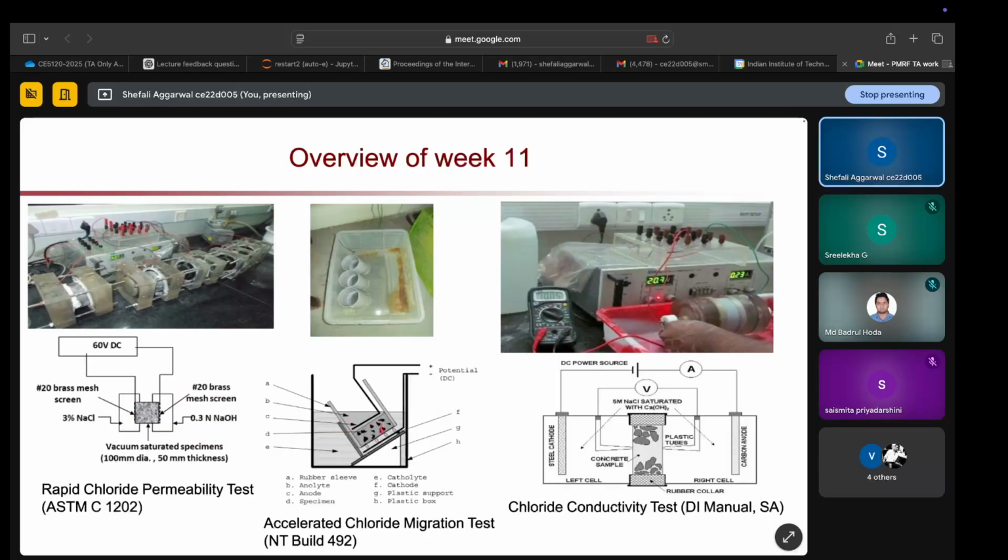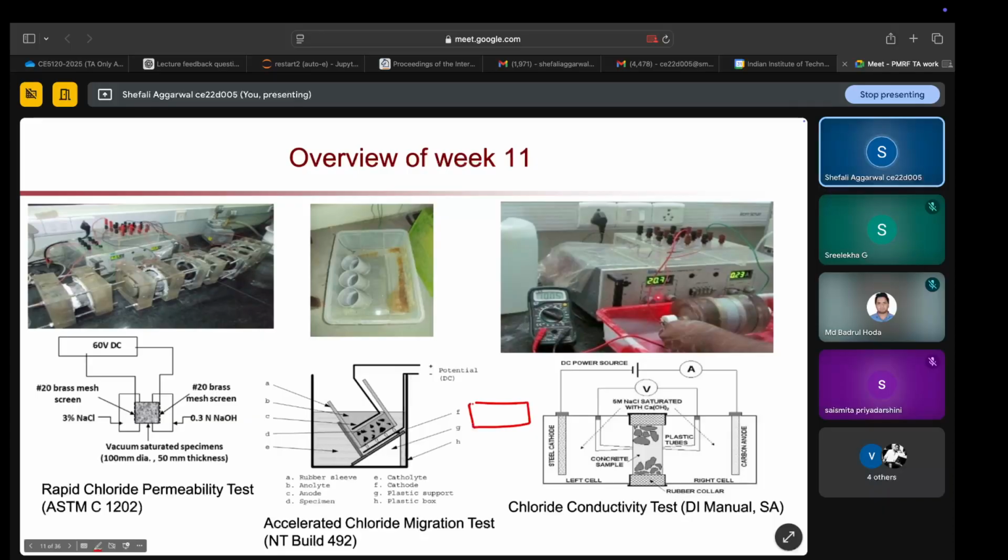After the test, we will split open our concrete system, and we will spray AgNO3, silver nitrate, over the concrete surface. Like we have the phenolphthalein test for carbonation, same way we have the silver nitrate test for chloride testing.